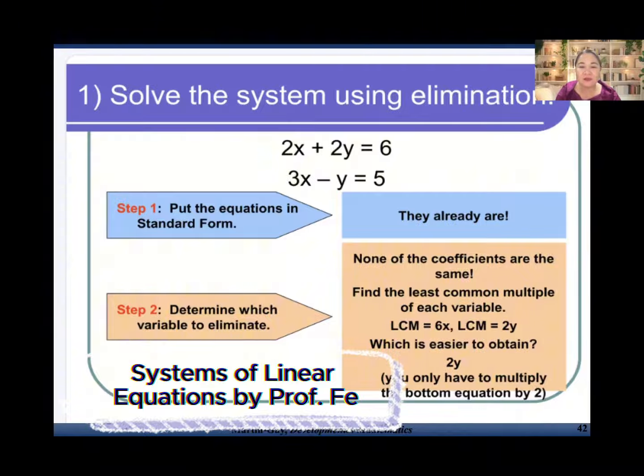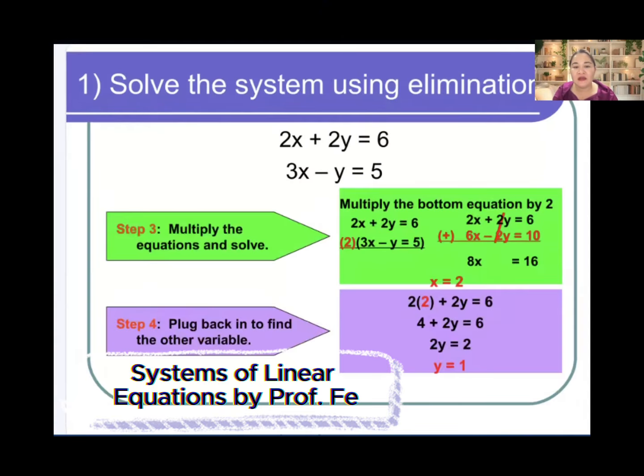Since you must have the same numerical coefficient, you can eliminate y by simply multiplying the second equation by 2. So put the equation in standard form. They're already in standard form. So I can determine which variable to eliminate. This time, you can eliminate y by multiplying the second equation by 2.